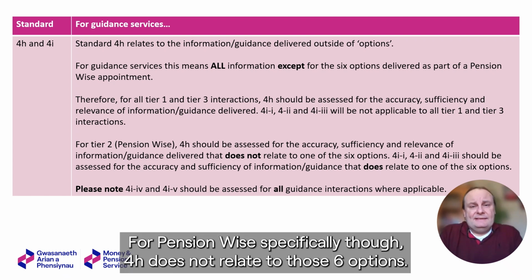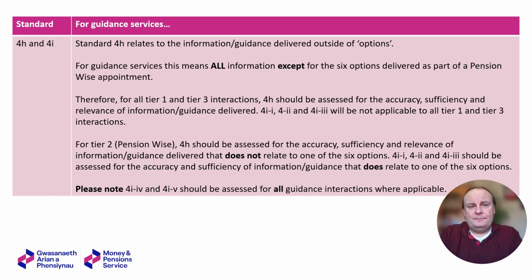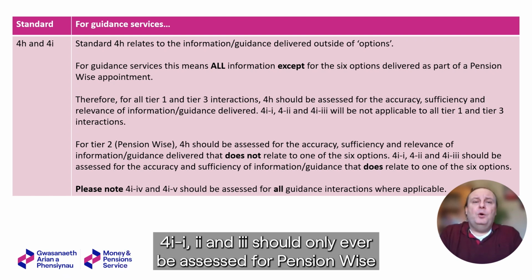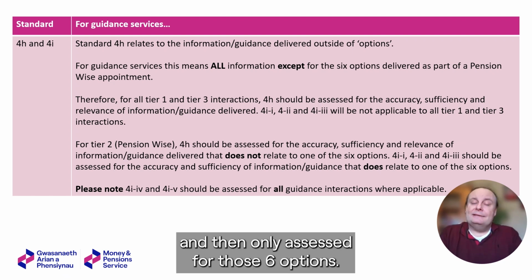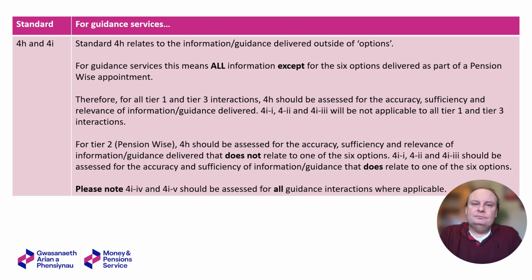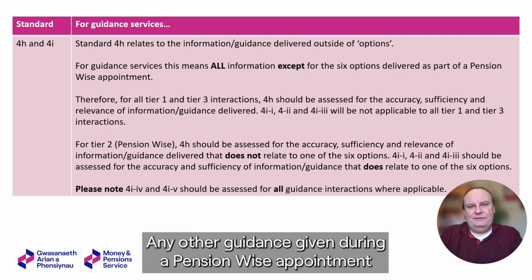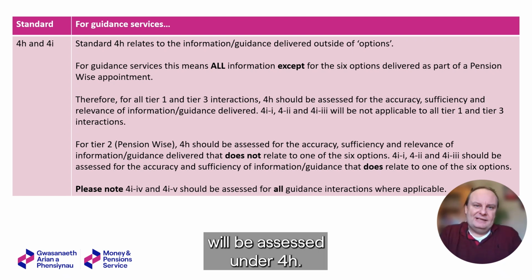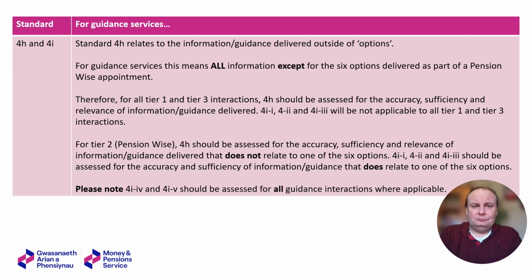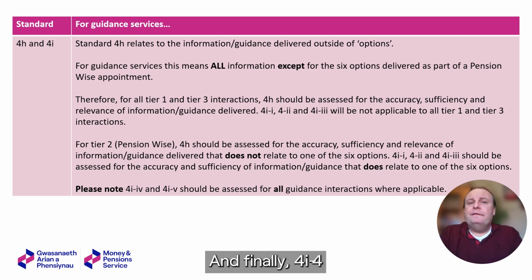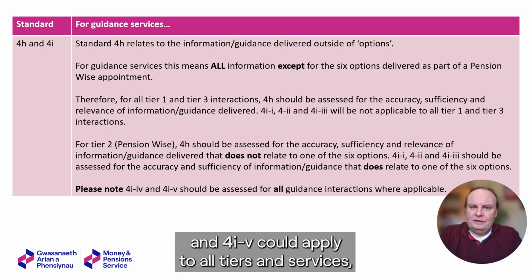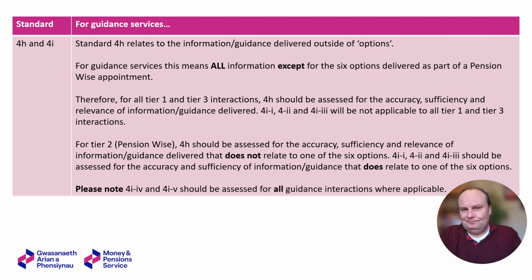For pension-wise specifically though, 4H does not relate to those 6 options. 4I 1, 2 and 3 should only ever be assessed for pension-wise, and then only assessed for those 6 options. Any other guidance given during a pension-wise appointment will be assessed under 4H. And finally, 4I4 and 4I5 could apply to all tiers and services, but more on this in a moment.